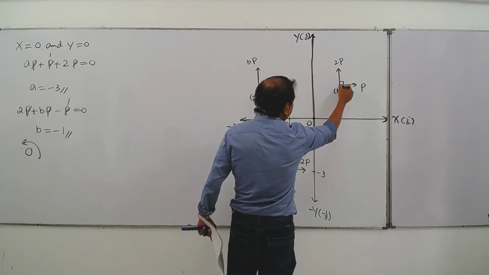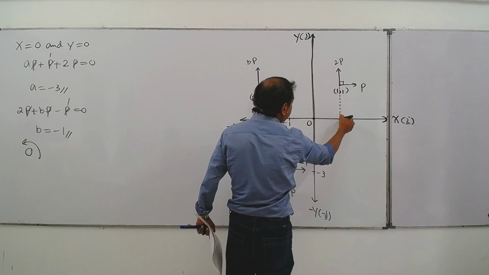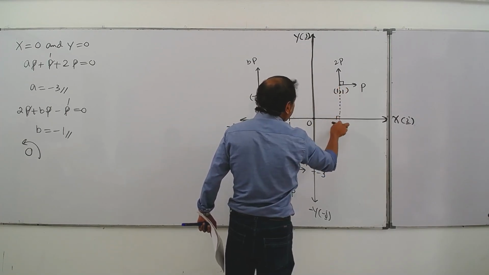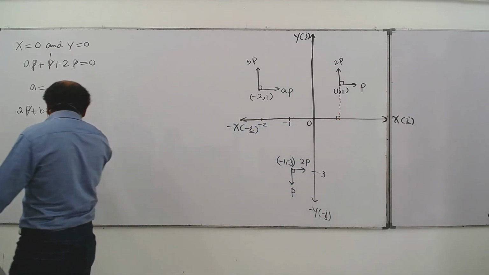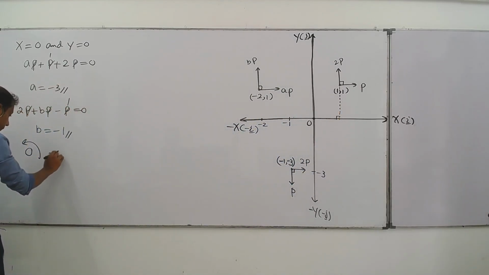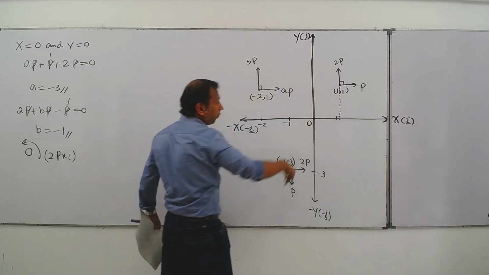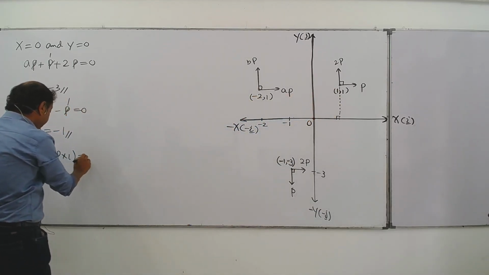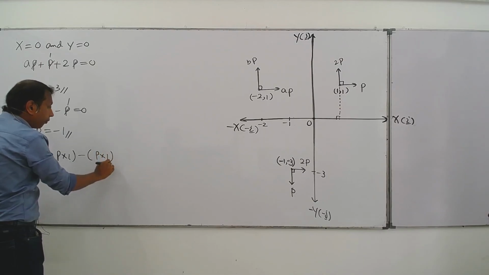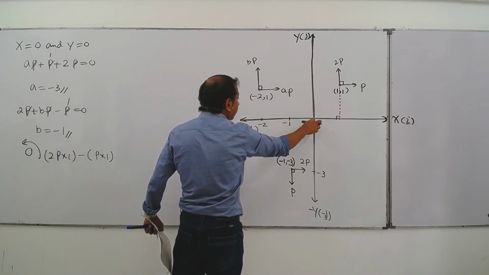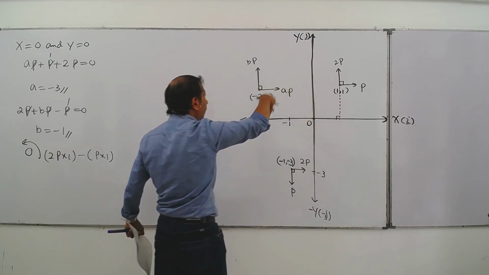The perpendicular distance from O to that 2P line is the x coordinate of this point, 1. Then 2P into 1. And that P about O gives a clockwise moment, minus. By this, AP about O is clockwise, BP also clockwise.